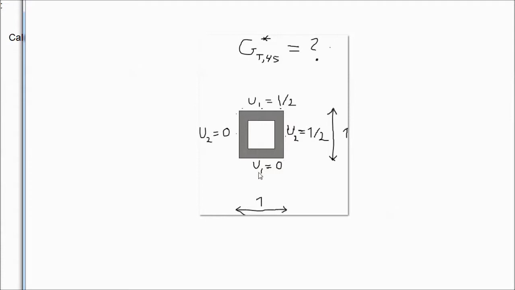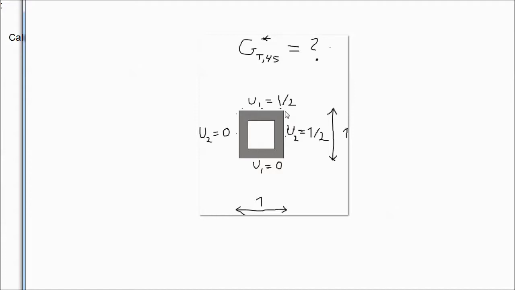We do exactly the same, but just changing x2 with x1 here on the horizontal boundaries. We put u1 equal to 0 on this boundary, and u1 equal to 1/2 on this boundary.